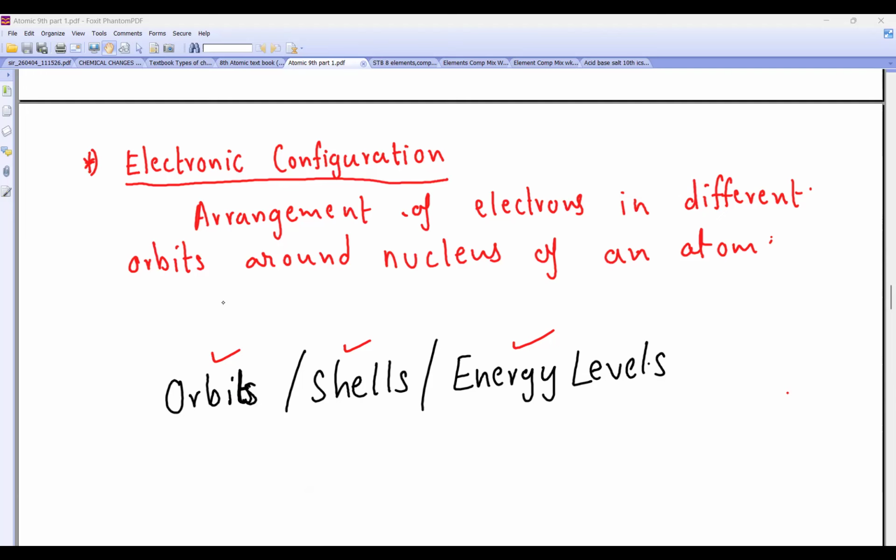All are same: orbit, shell. You write it, in the definition they don't write it, just for your understanding.